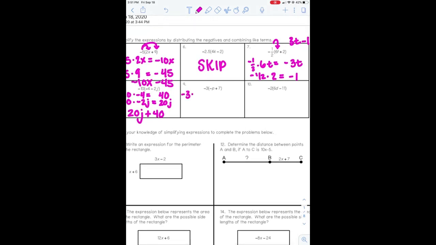Then I'm going to come over to number 9. I'm going to do -3 times -p, which is going to give me a +3p. And then -3 times a +7, which gives me a -21. So my final expression is going to be 3p minus 21.